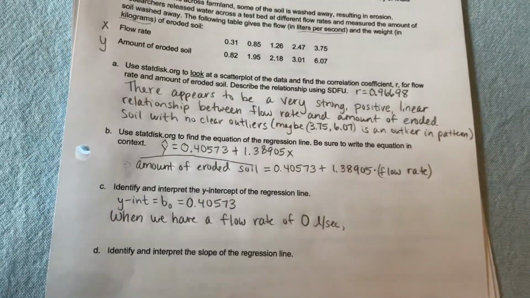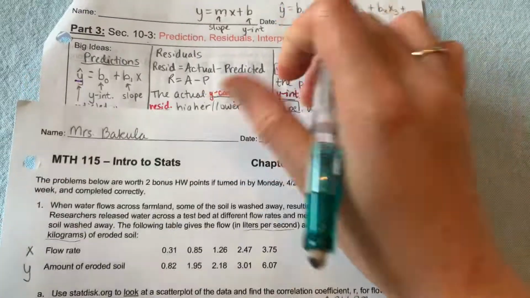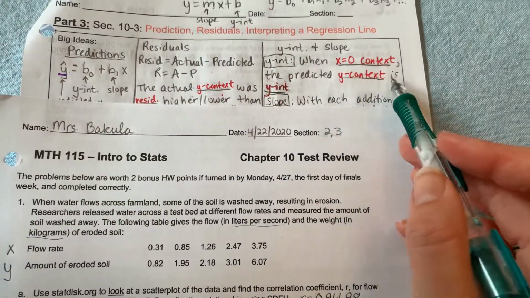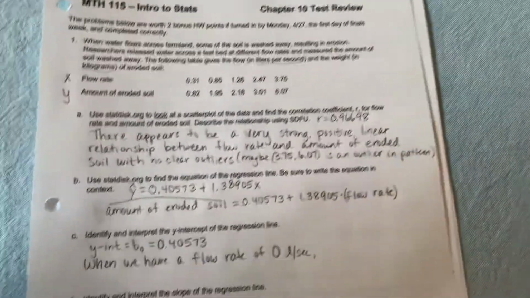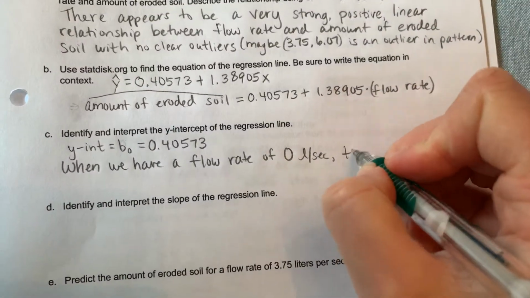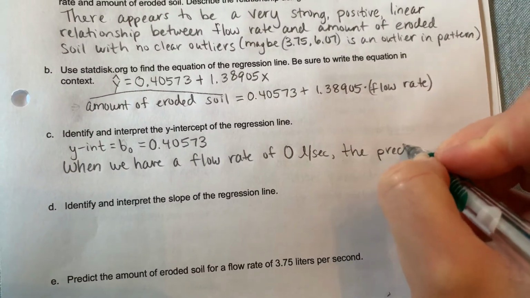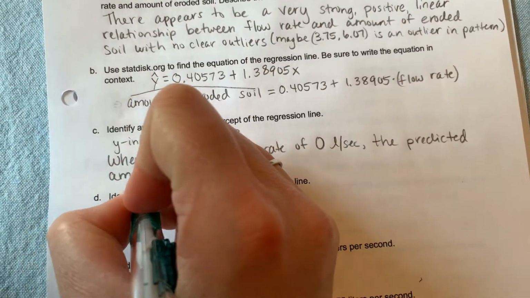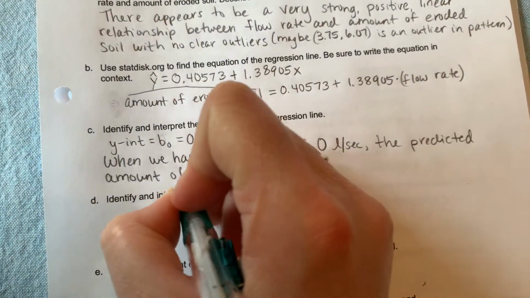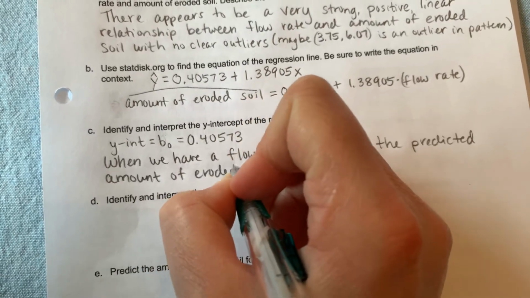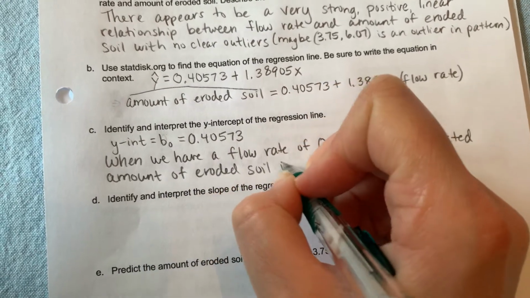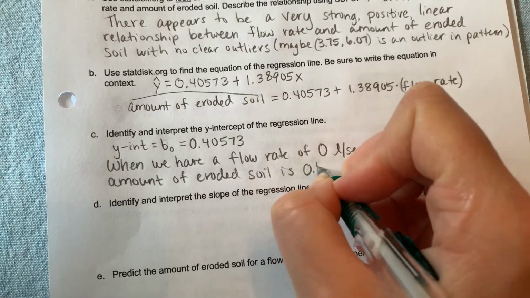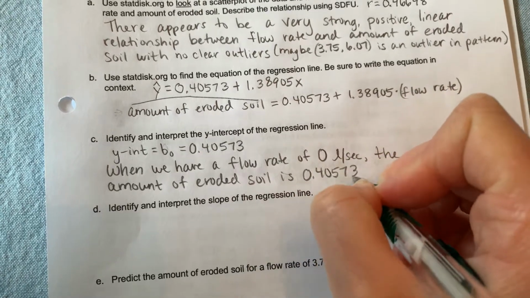Then what do we say? So when x is 0 in context, the predicted y in context is equal to the y-intercept. So the predicted y in context is the amount of eroded soil. The predicted amount of eroded soil is 0.40573, and what are its units? Kilograms.